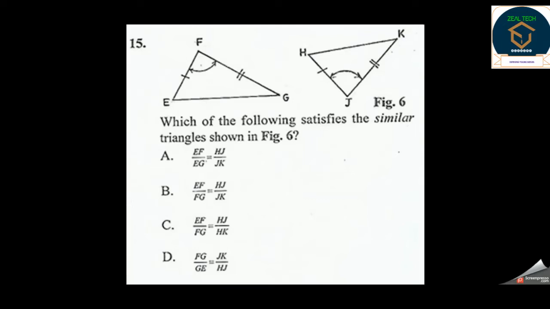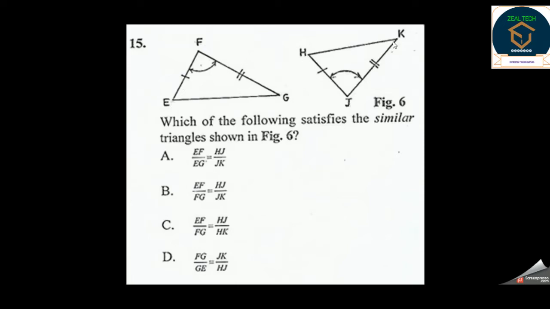Now what we have to say here is this. Take note. To get the correct answer, you have to compare them. The side that is similar here with the other one, the first one over the second one, HK. So when we have EF, this side, divided by this side, then the answer should be EF all over FG divided by HK all over JK.